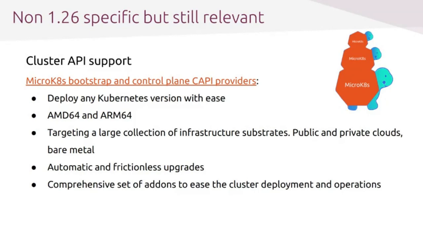Now we have two providers, a bootstrap and a control plane provider. With those providers, you can deploy Kubernetes on a large collection of infrastructure substrates that include public and private clouds, bare metal, everything.